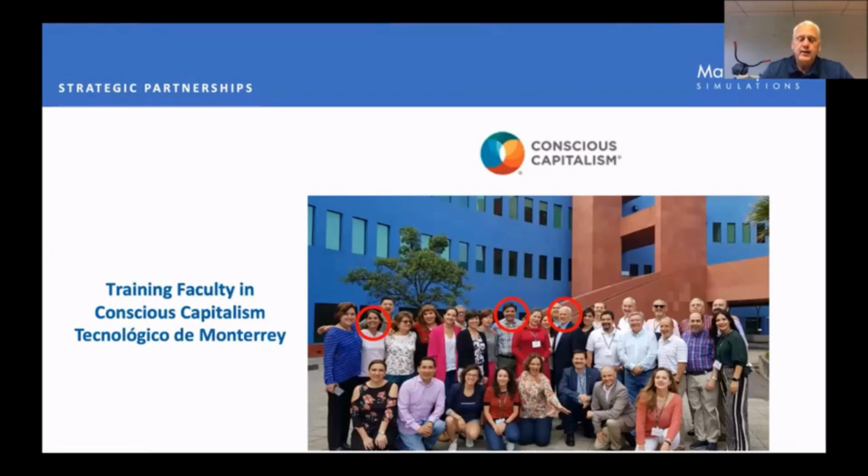And this is a picture of a training program we did at Monterrey Tech in Mexico. And in the center is Raj Sisodia. He is the spiritual leader of Conscious Capitalism. You'll see me on the right, and Bindu Agawa is on the left. Bindu is one of our coaches for today. And I can highly recommend Conscious Capitalism to you in just about any capstone course that you might like to employ a simulation.